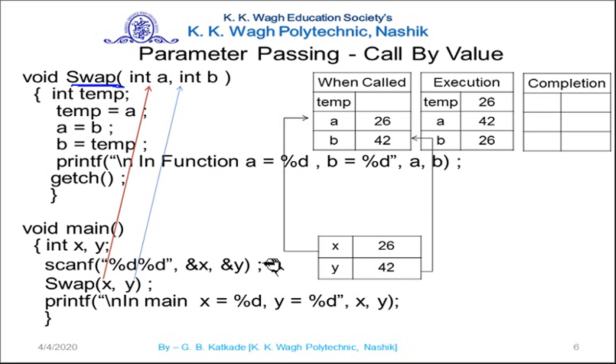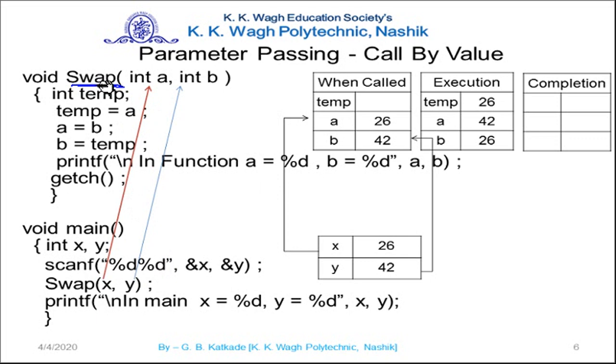In scanf, when we read, x is given 26 and y is given 42, and these variables x and y are created in the main function. A separate area is shown here. Now when you call the function swap, the execution will transfer from main to the function swap.